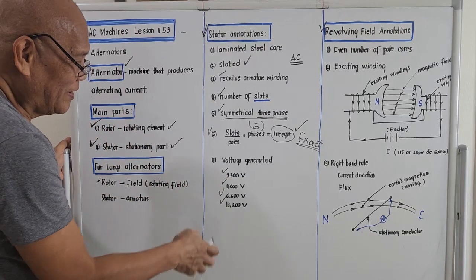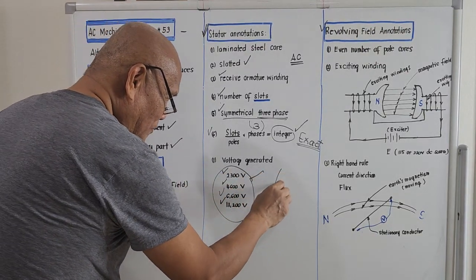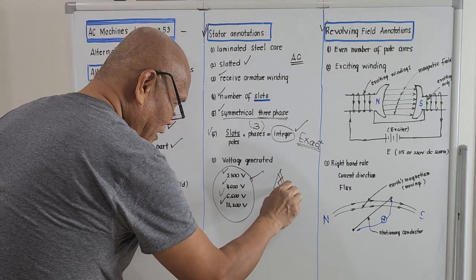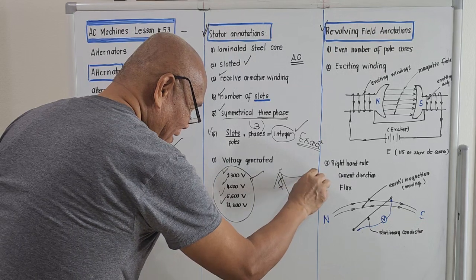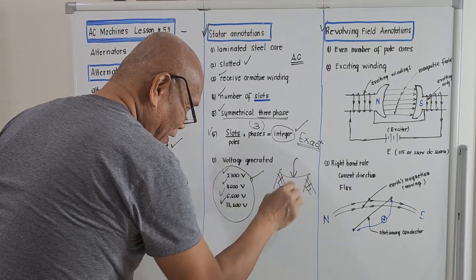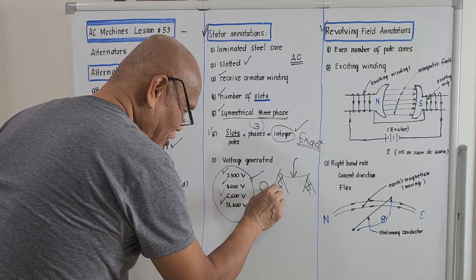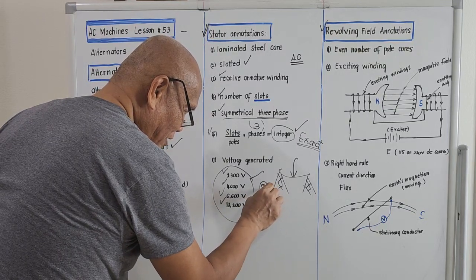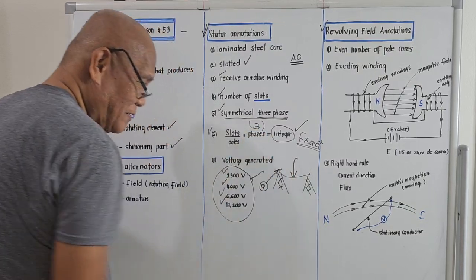Why is this so? This is the voltage we step up before going to the transmission line, right? Before we put the voltage over here, it should emanate from the generator before we feed this to the transmission line.